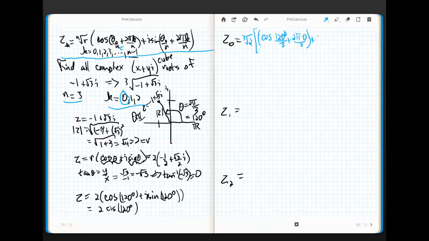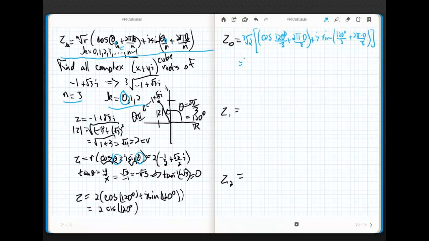Plus, same thing, remember? When I rewrite in the polar form, these thetas are always the same thing. These theta naughts are what I just referred to as my thetas. So we're not afraid. So i sine of what? We've got this 120 degrees divided by 3 plus 2 pi times 0 divided by 3.